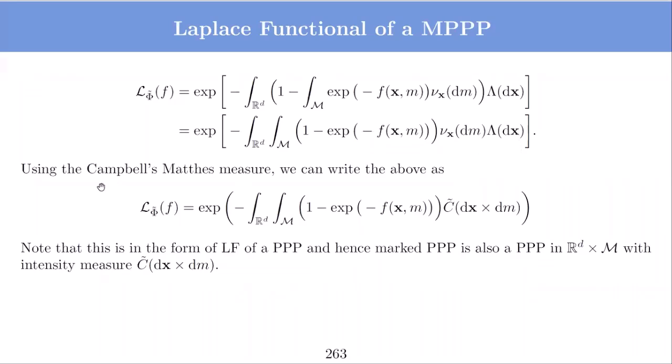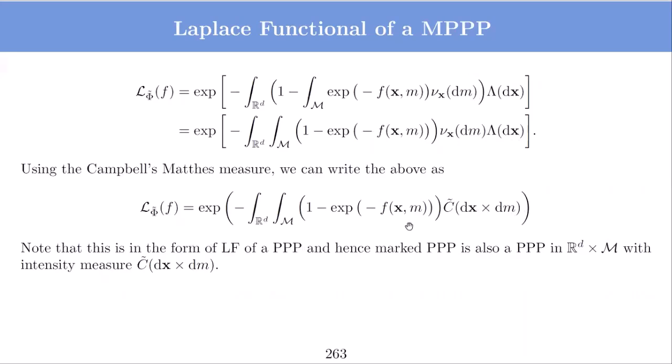And we note that the Campbell measure is this, so instead of that, I can write this as the Laplace functional: exponential of minus the integral of 1 minus exponential of minus f(x, m) with respect to the Campbell measure, which just tells the number of points in dx whose marks are in dm.